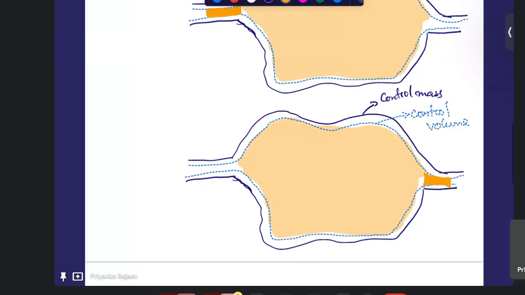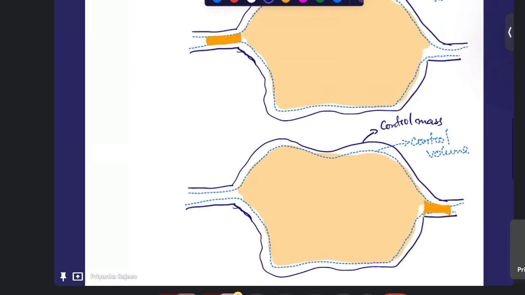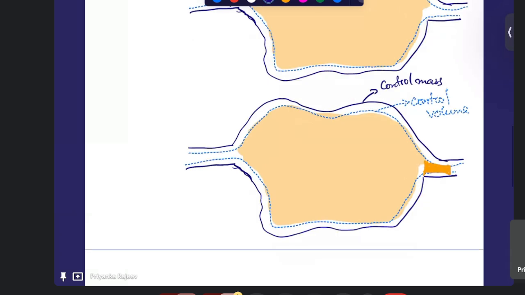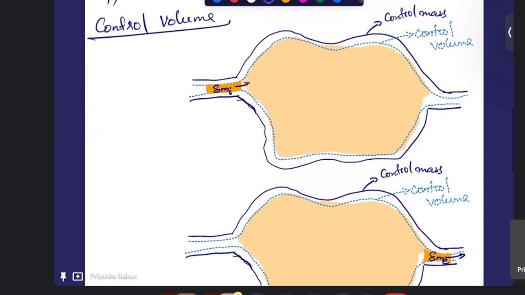So this is a mass element delta M at inlet. This is a mass element delta M at exit. So this is exiting, this is entering, and this is the control volume as I have told you.